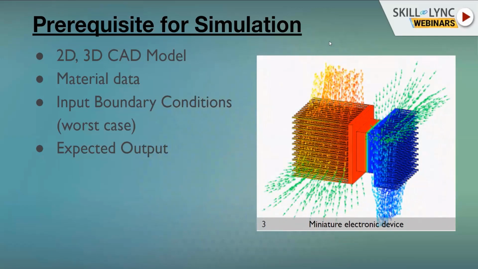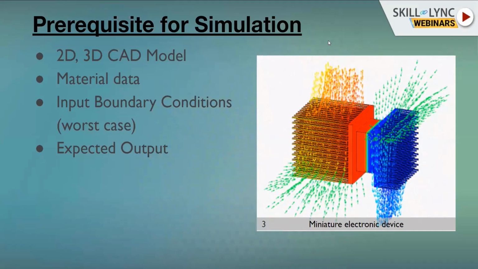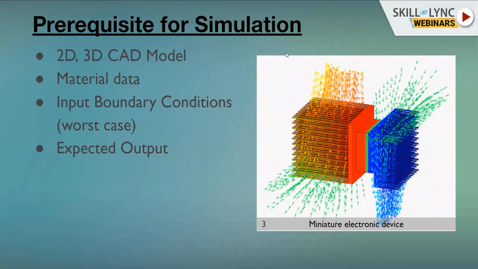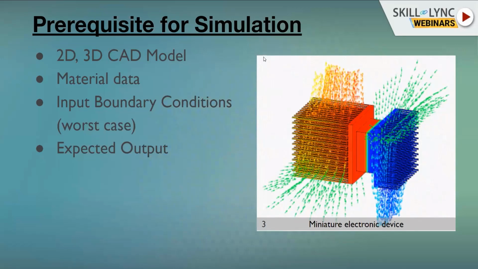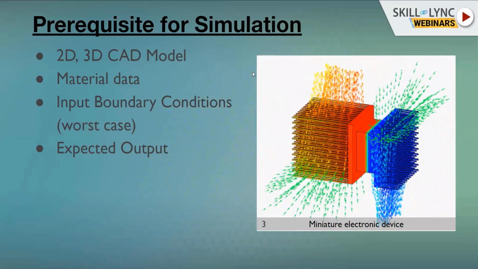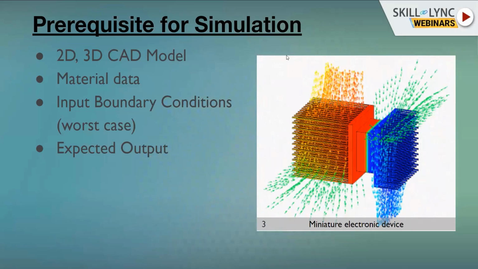Third, input boundary conditions. Input boundary conditions are the environmental conditions. If I take the example of a laptop, a laptop is used in an AC environment where the temperature is approximately 22 degrees, and it sits on the table.